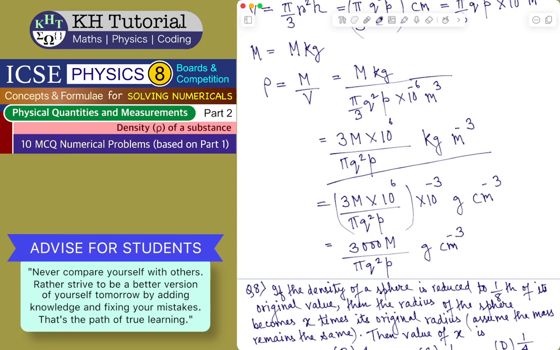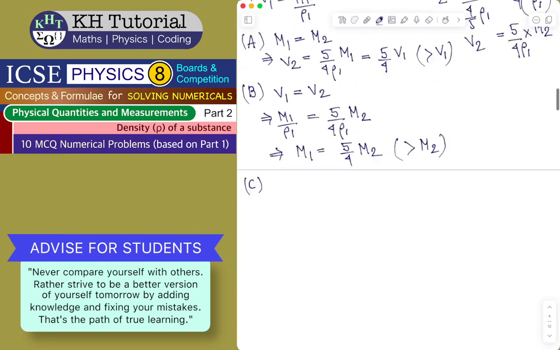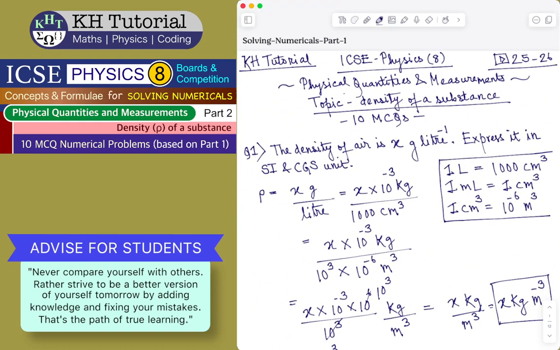And then I will possibly solve another set of 10 problems based on the density of a substance. So this was all regarding solving 10 numericals on the concept of density of a substance. I will end the video here.